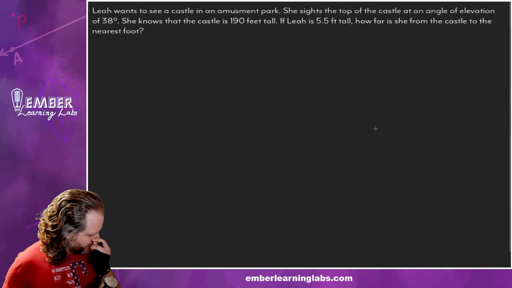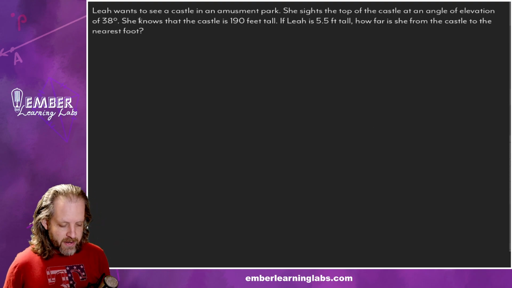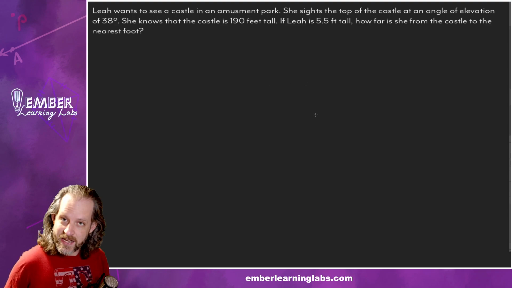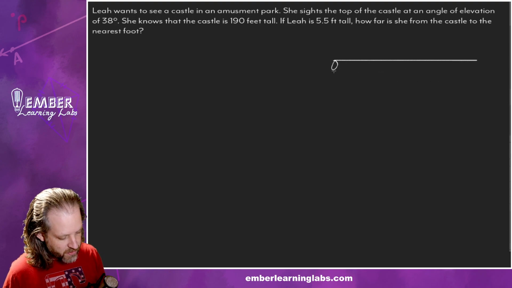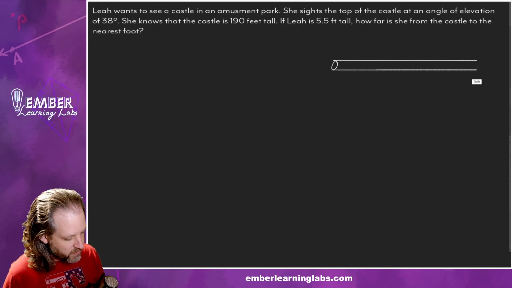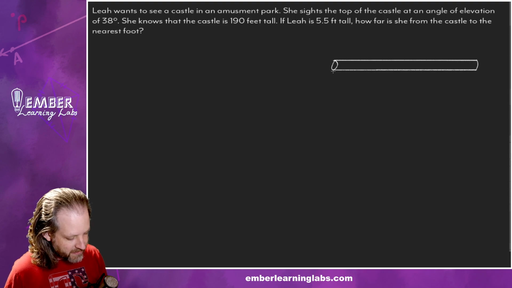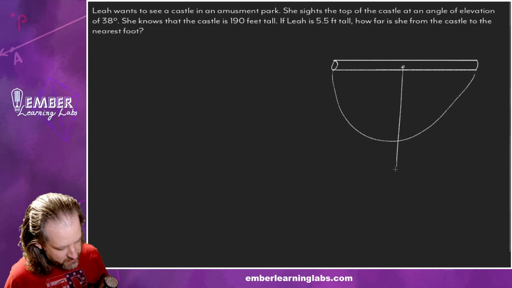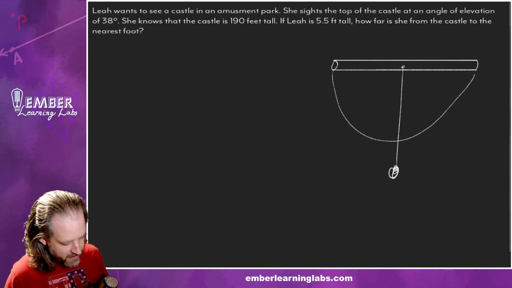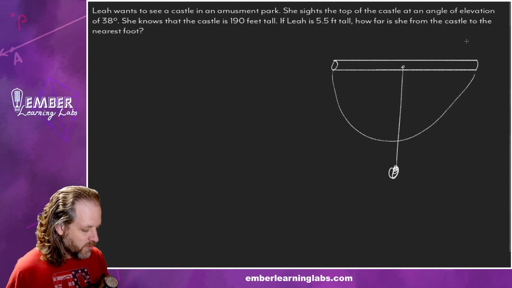So there's a couple of different things going on in here. When it says they sighted, we're talking about using a device where you have something to look through, attached to a protractor, with a string and some sort of weight hanging down.